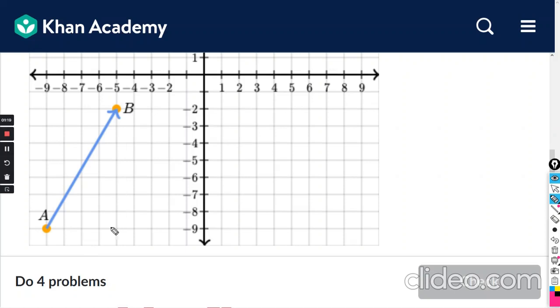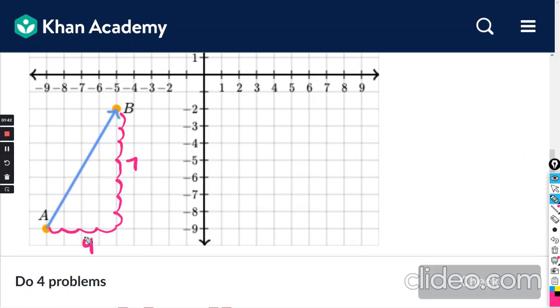Starting at A, we travel 1, 2, 3, 4 units in the positive x direction. And then traveling up, we're going to go 1, 2, 3, 4, 5, 6, 7. We went up 7.